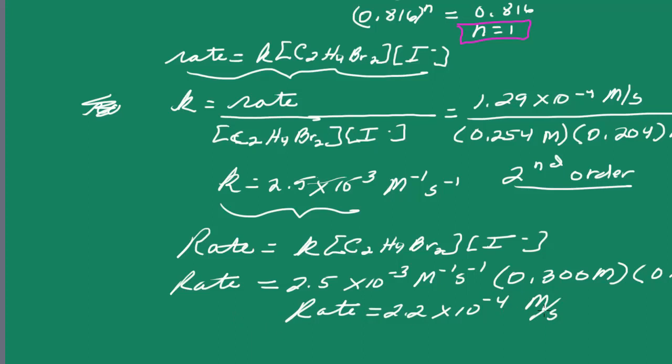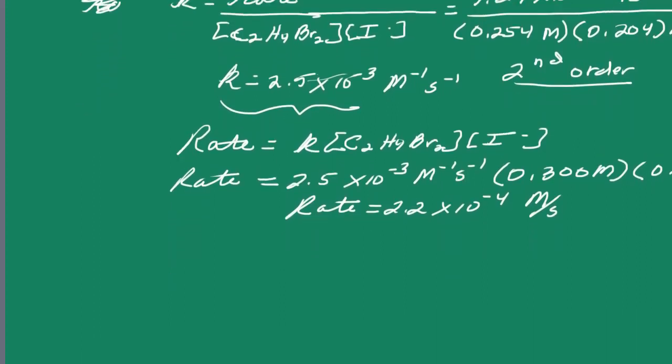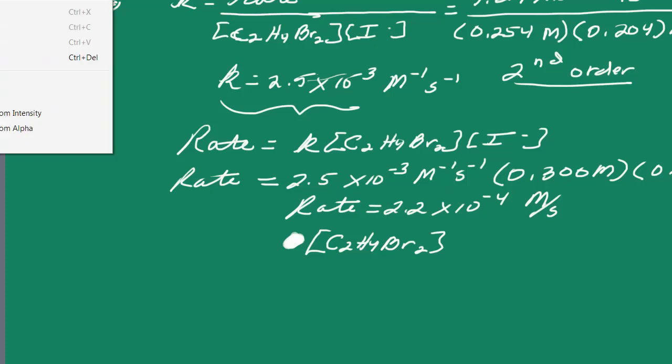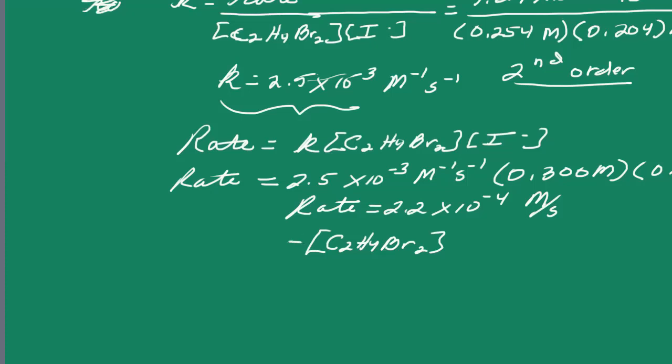Okay. So we know that the rate of disappearance of the 1,1-dibromoethane. Oops, I forgot my delta here. Sorry, I have to erase this.